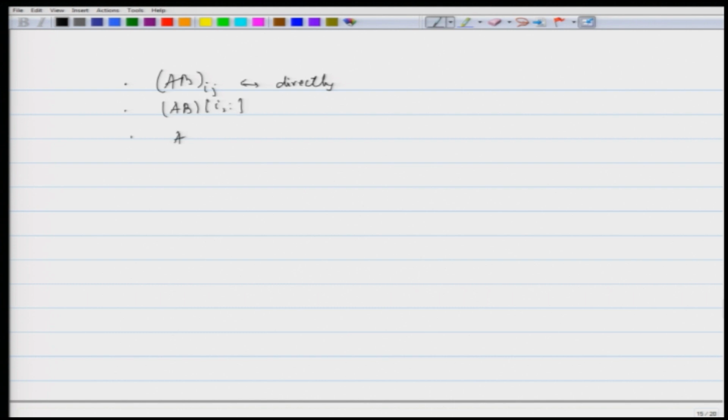I can compute AB using its columns. I can also compute AB using sum of matrices, sum of matrix approach.